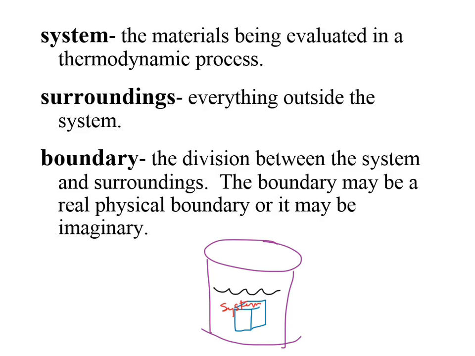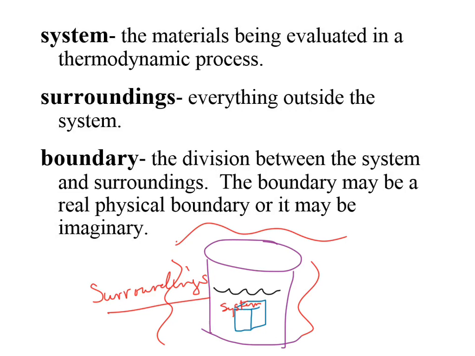Anything outside the system would be your surroundings. Sometimes surroundings is called the environment, the stuff outside the system. And of course, the boundary is the thing that separates the system from the surroundings. In this case, the boundary would be the glass that's containing our liquid that also has a chunk of metal in there.